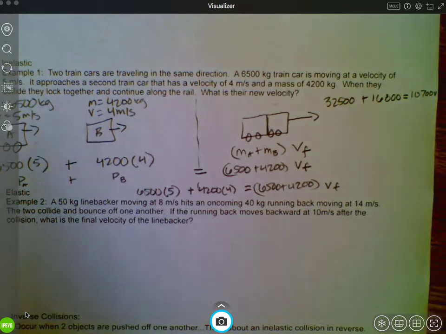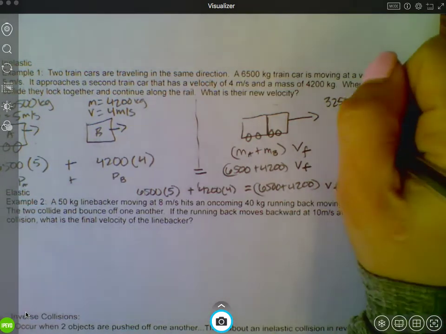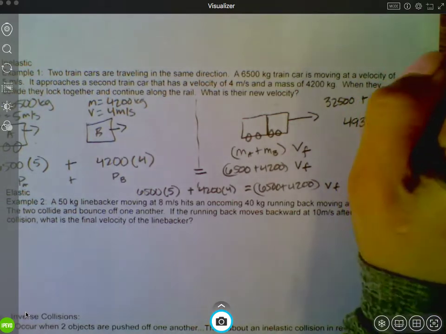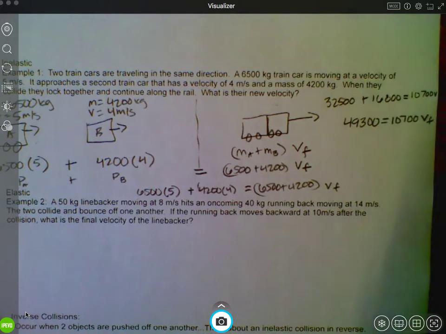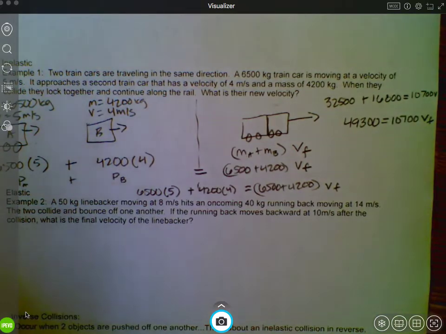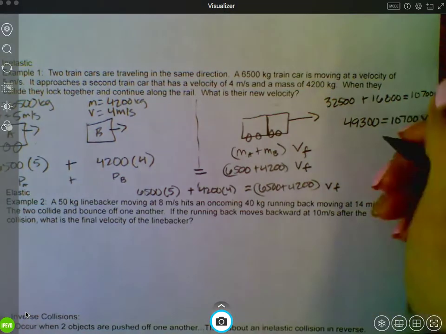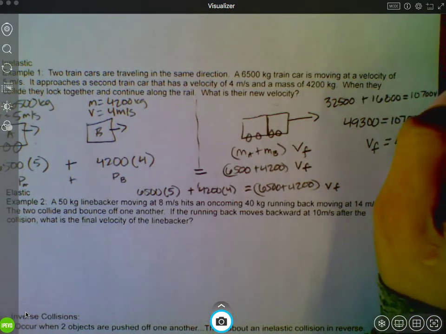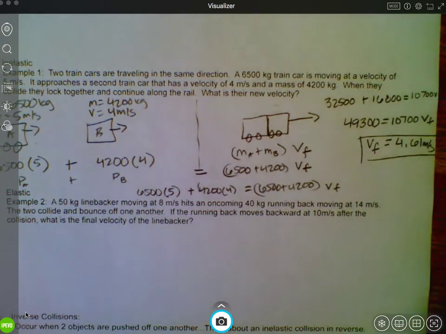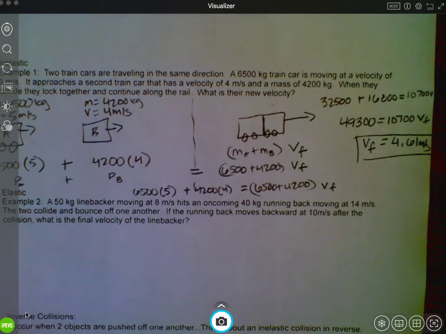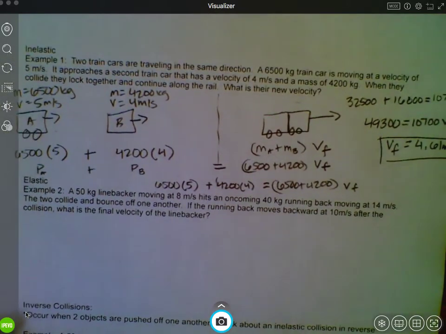I'm going to add 32,500 plus 16,800. So this is 49,300 equals 10,700 times VF, right? And then I'm going to take that and divide it by 10,700, and I get VF is 4.61 meters per second. And that is their final velocity. Okay? So that's an inelastic example.